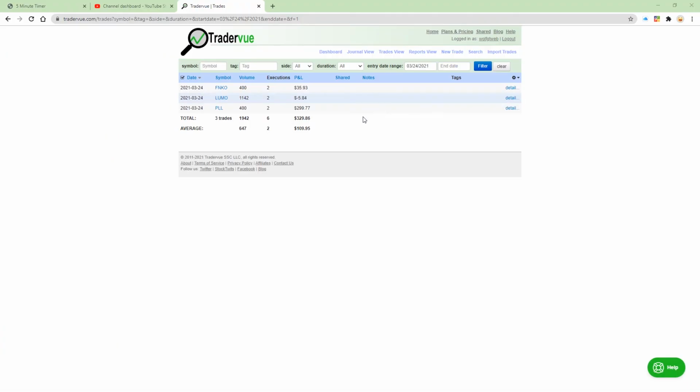All right, here's the summary of the day. Three trades, and really three really good setups, but one of them was not a really good trade because LUMO was a really good looking setup, but in my haste of going through all my checks, I overlooked volume. There was no volume there.